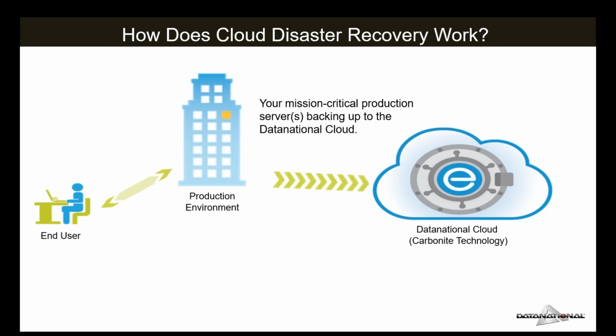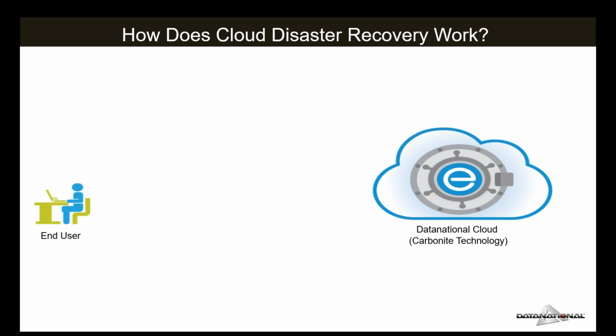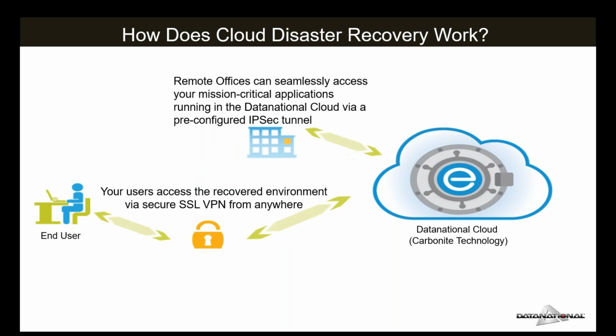So this is pretty much, from an illustration standpoint, how this works. You're backing up to our cloud on a daily basis, and if something was to occur, you call us to declare an outage. We initiate a restore as quickly as possible. We're setting up communications.